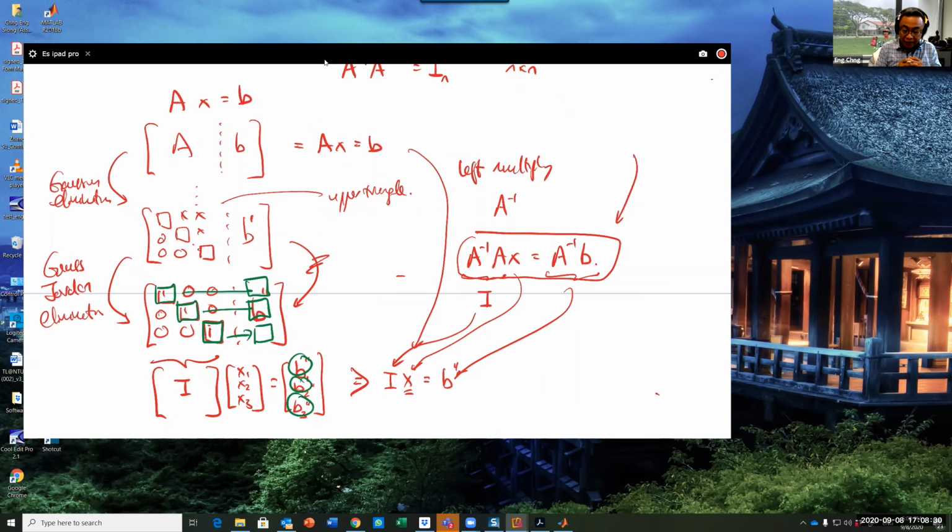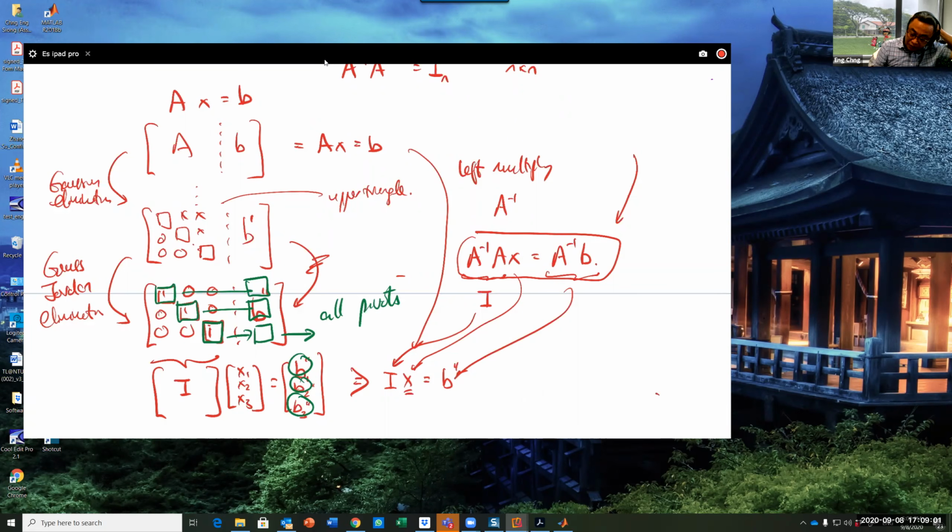Now, when would it not be unique? Remember that a solution is unique when all pivots exist. If you have a 3 by 3, the 3 pivots exist. Now, if only 2 pivots exist and there's one free variable, then you have infinite solutions, or no solution.